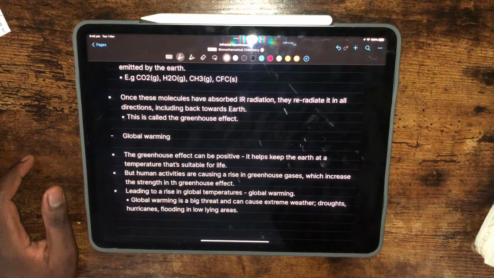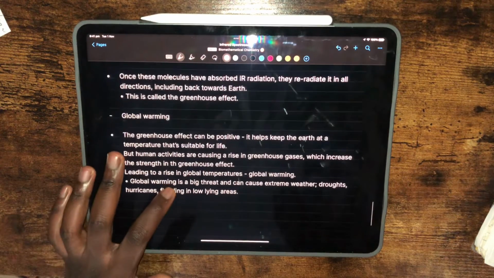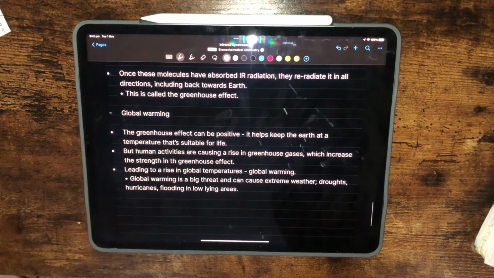Global warming. The greenhouse effect can be positive, because it maintains temperatures at Earth, helping keep the Earth at a temperature that's suitable for life. But human activities are causing a rise in greenhouse gases, which increase the strength of the greenhouse effect, leading to a rise in global temperatures.